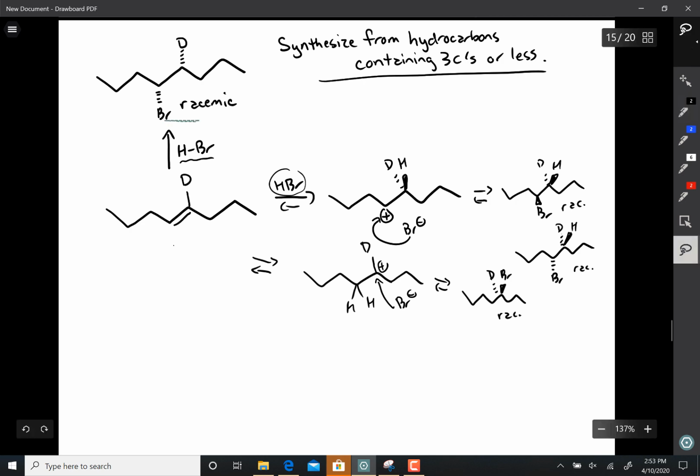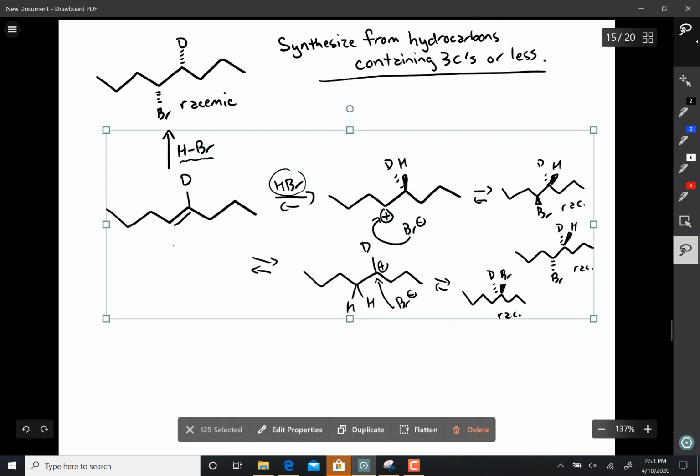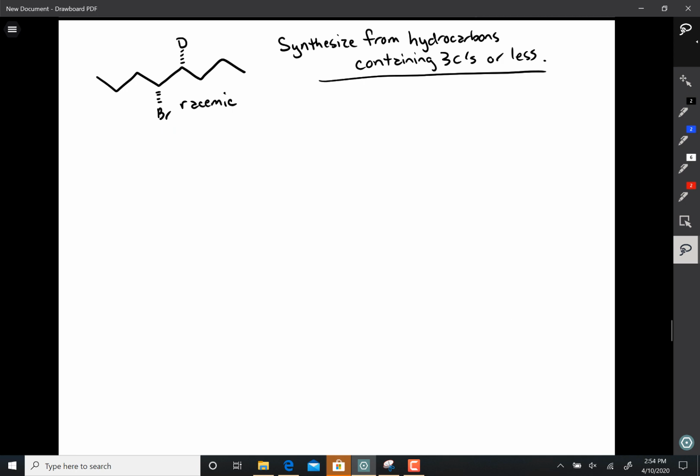But another way of adding a bromine to a molecule is by doing so by an SN2 reaction, specifically using PBr3, which transforms OHs into bromides by an SN2.